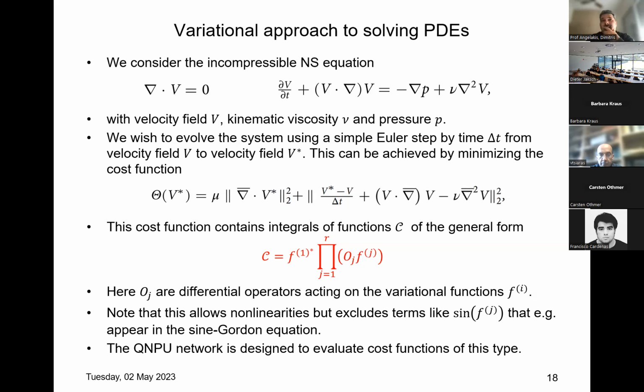They are exactly of the same form. The cost function there is exactly of this form, where F1 would be your macroscopic wave function, and you need another F, equivalent to F1, to generate the nonlinear term.